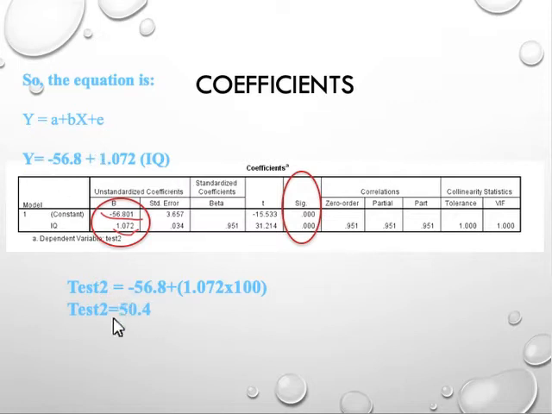We would be able to tell that y equals 50.4 because negative 56.85 plus 1.702 times 100 equals 50.4. And we see that these are both significant. So IQ was significant here at predicting something.